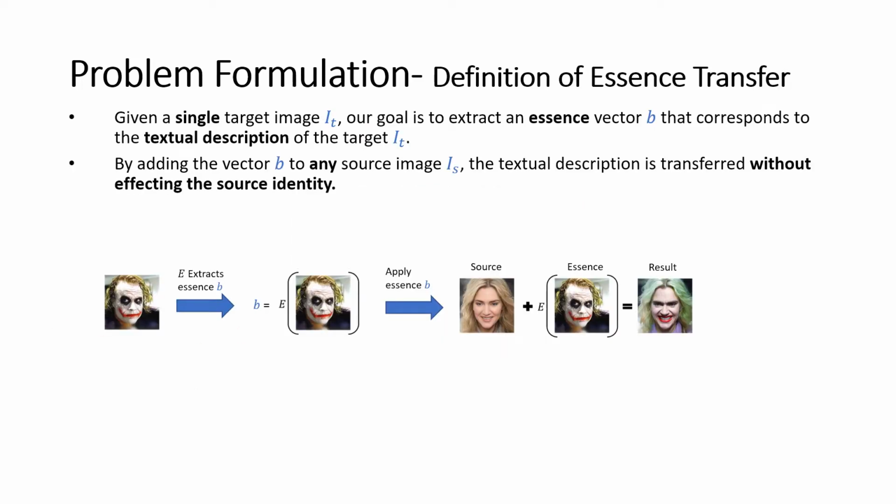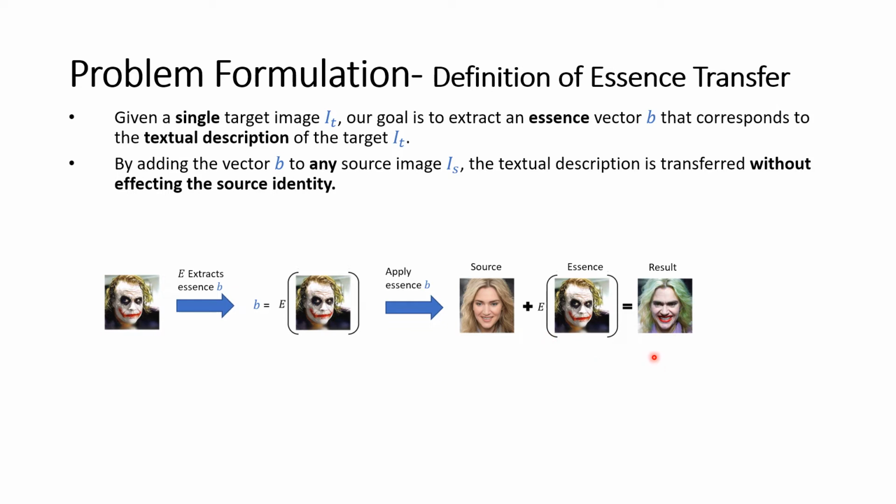Now that we've seen our intuition, we can move on to the definition of essence transfer. Given a single target image I_T, our goal is to extract an essence vector B that corresponds to the textual description of the target image I_T. For example, if our target is the Joker, our goal is to extract an essence vector B such that we can add the vector B to each source vector to get an edited image with the identity of the source and the features from the textual description of the target image.